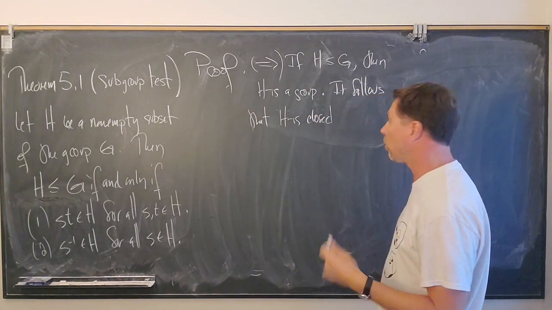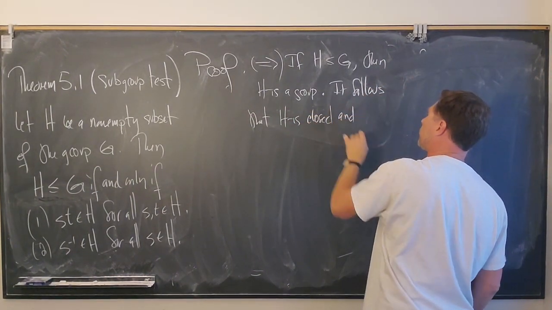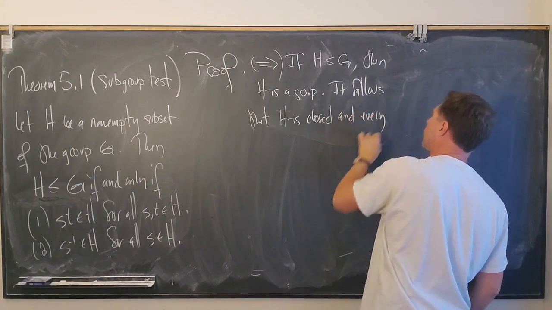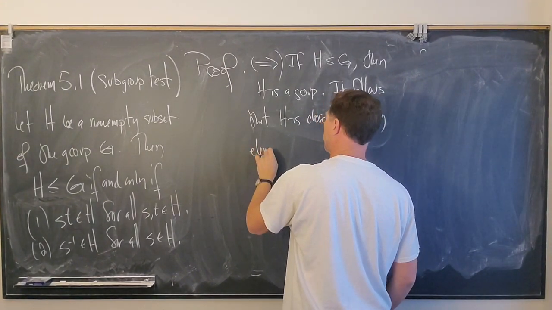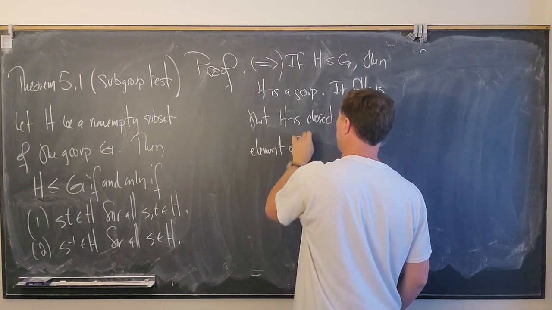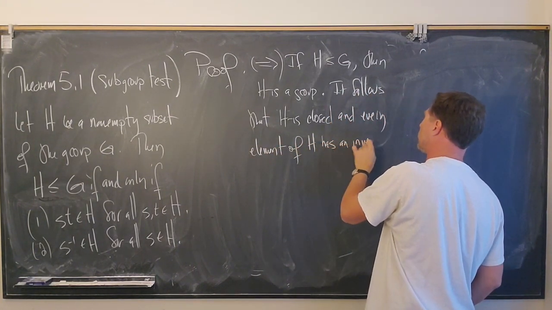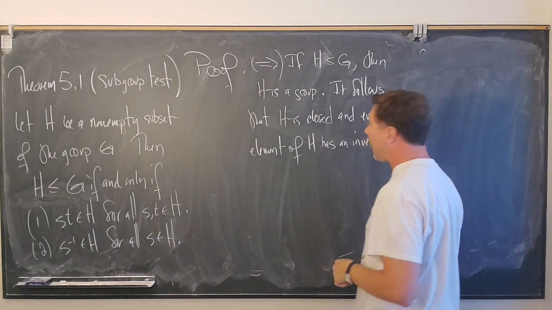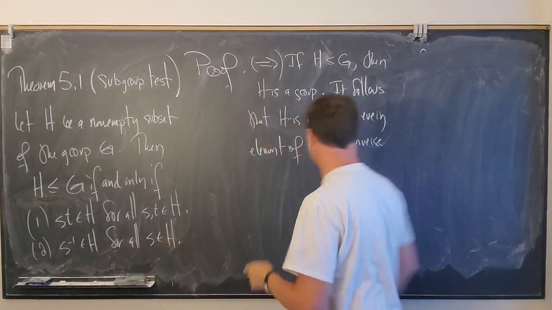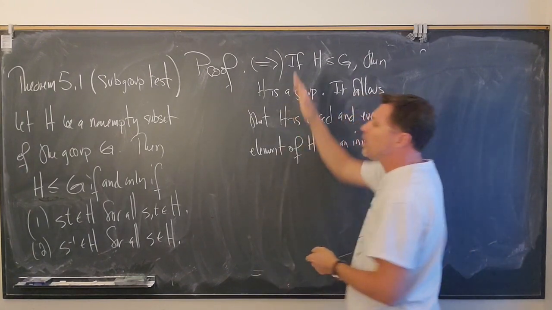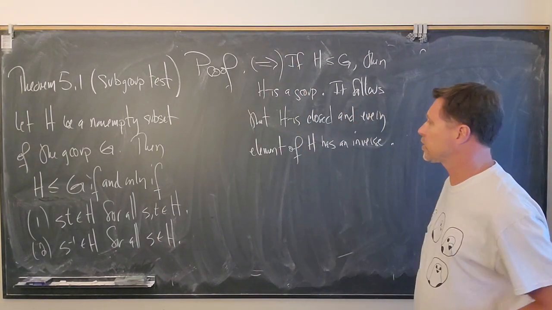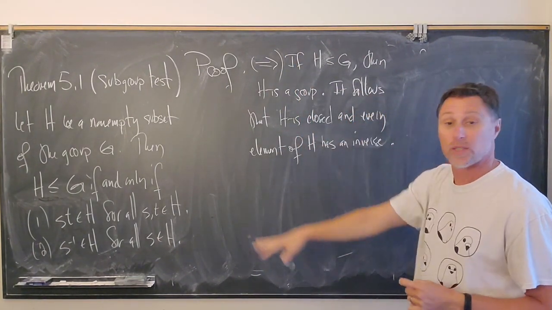That takes care of part 1, and every element of H has an inverse, and so we're done. That takes care of part 2. So the forward direction, there's nothing really to show here. If it's a group, of course it satisfies 1 and 2.